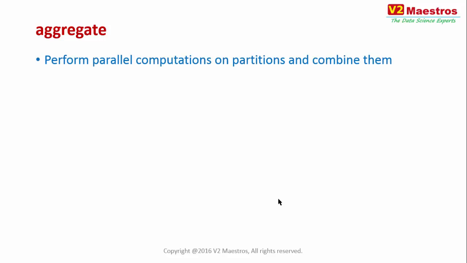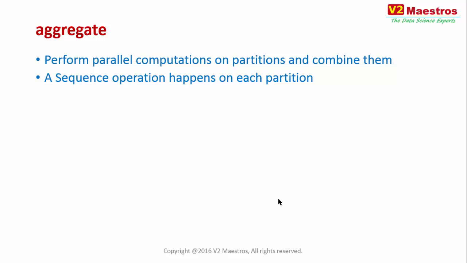So please pay attention. What is aggregate? Aggregate helps you perform parallel computations across partitions, and then you can combine them. So you have data that is partitioned across multiple cluster nodes. You can first perform individual actions on each of these partitions, and then aggregate them together.